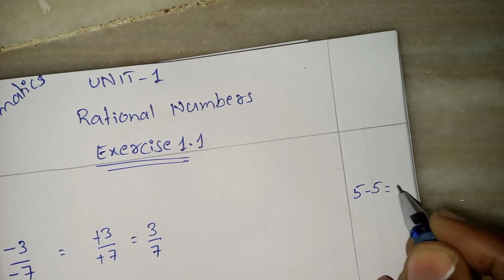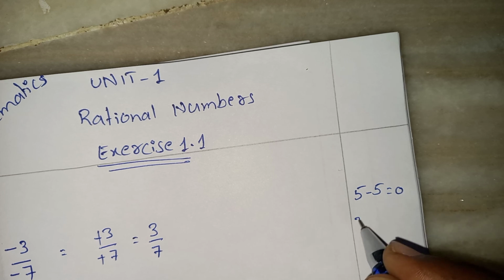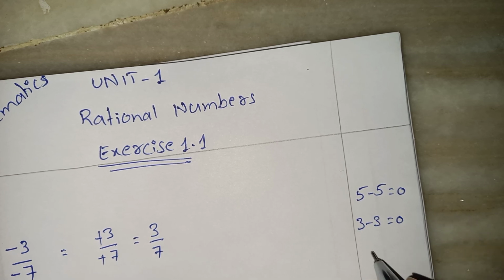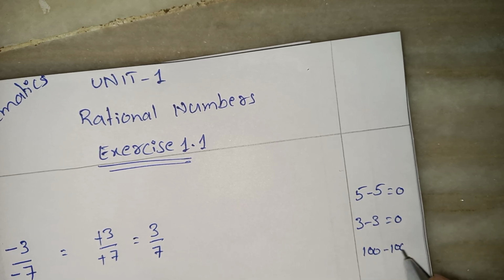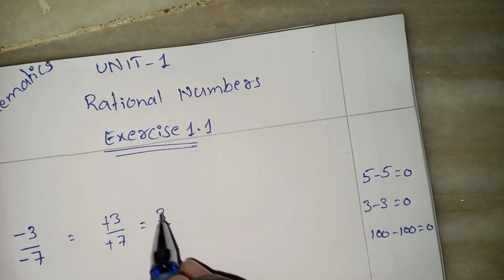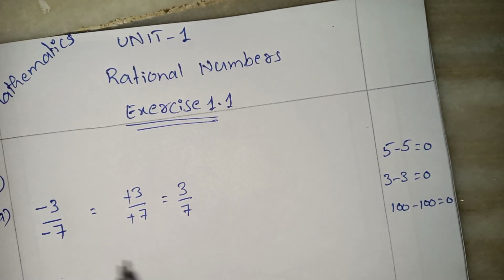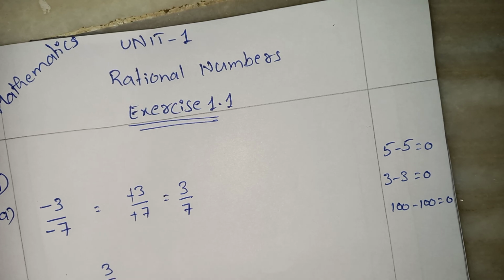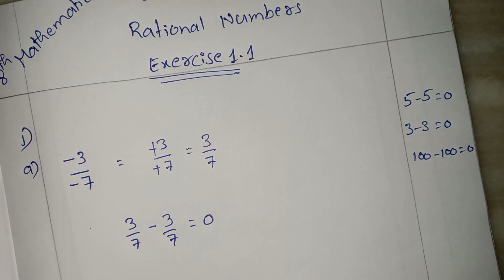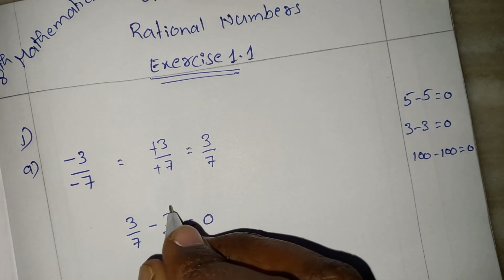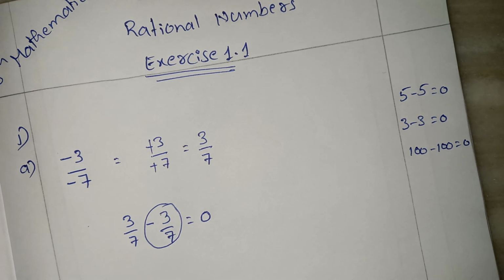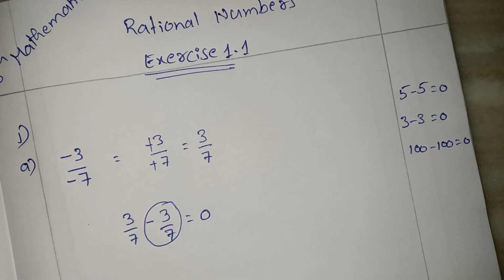Minus 5. 5 minus 5 is 0. 3 minus 3, 0. 100 minus 100, 0. So, 3 by 7 minus 3 by 7 is 0. Which number did we add here? Minus 3 by 7.